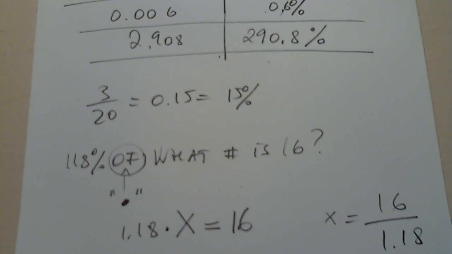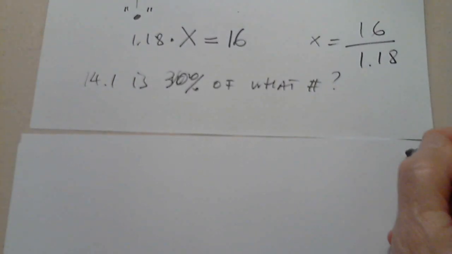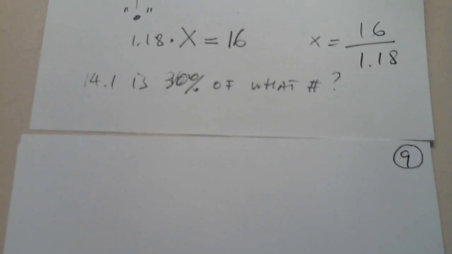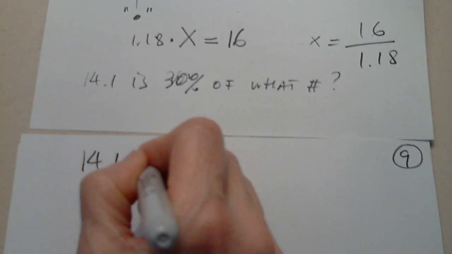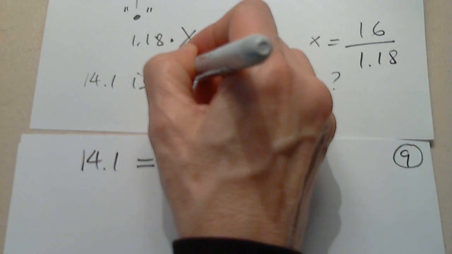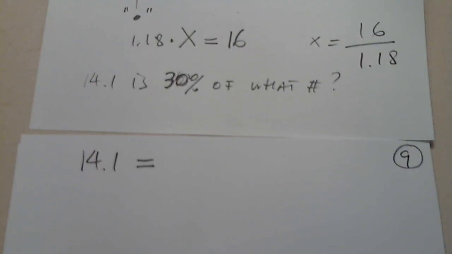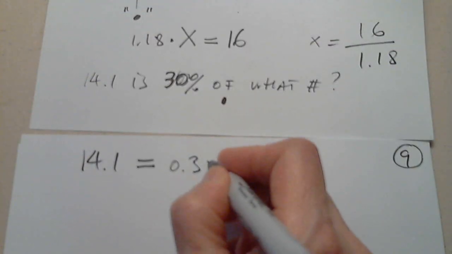Good. 14.1, I'm sorry, I have a problem with numbers today. Good. 14.1 is 30%. I cannot use 30%. It has to be changed into a decimal number, 0.3 times x. Excellent.